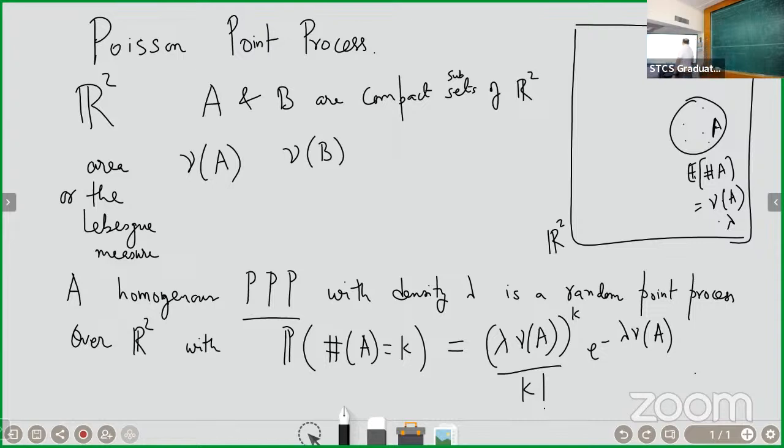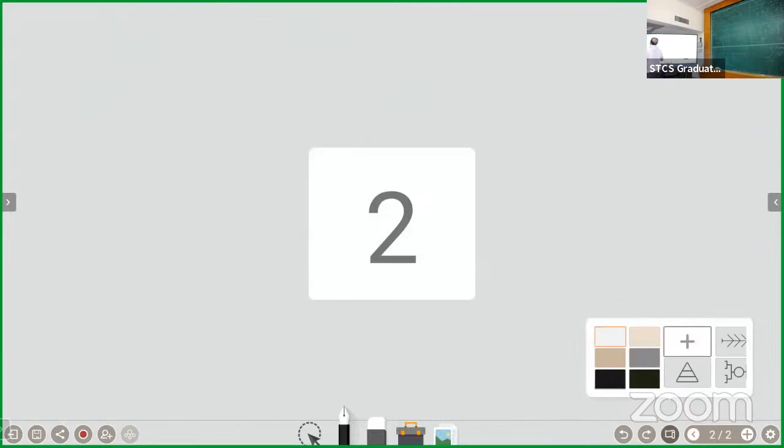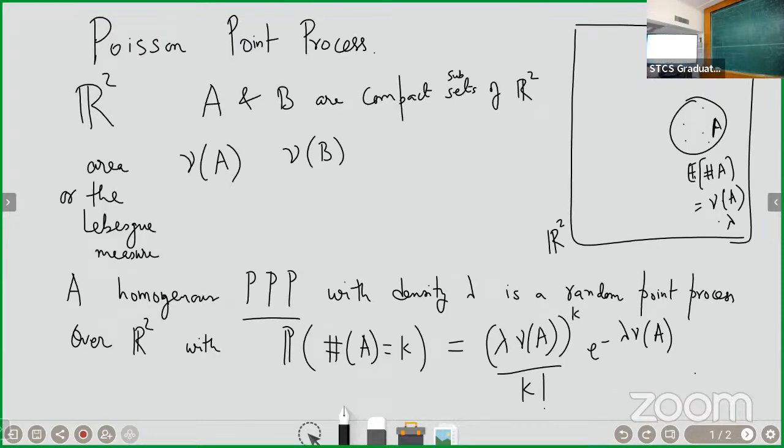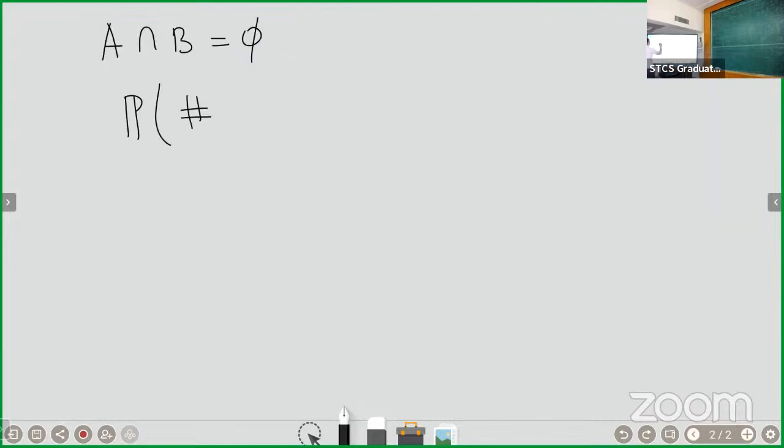And why I have to take B is for an extra property: if A intersection B is empty, that is, they are disjoint, then the numbers of points in them are essentially independent.